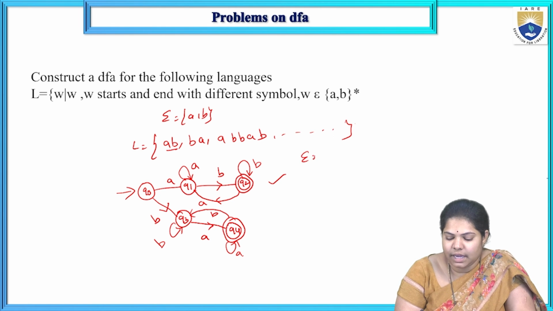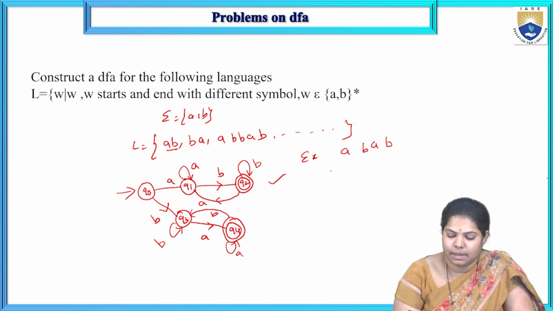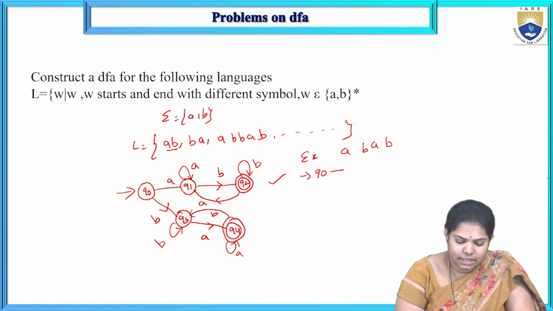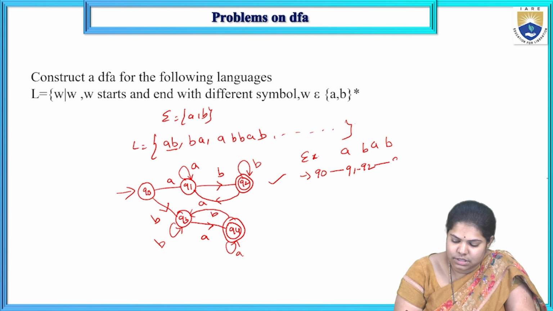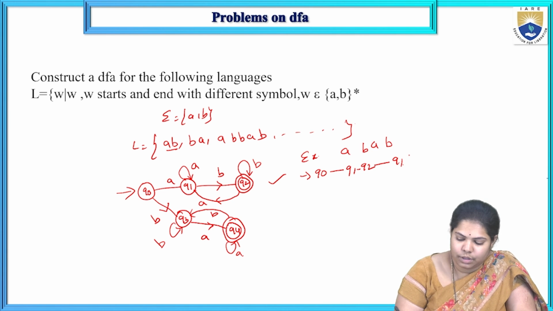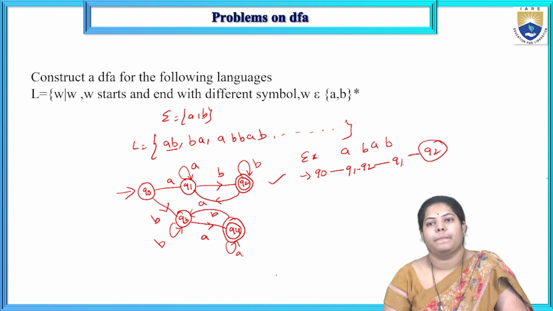So if I take an example called A B A B A B A B, Q0 on A, it reaches Q1. Q1 on B, it reaches Q2. Q2 on A, it reaches Q1, and Q1 on B, it reaches Q2, which is a final state.